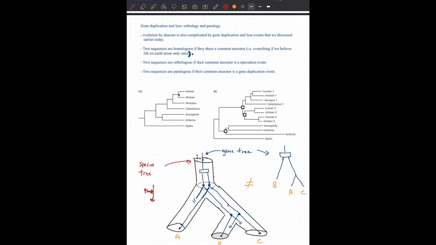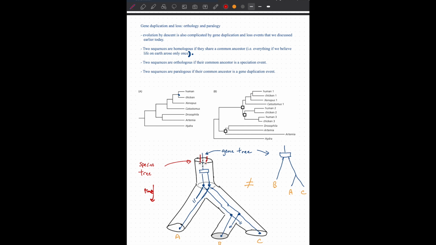And there would be multiple lineages here, multiple gene trees that would go down this trunk, one for each gene in the genome of the organism at this point, marked by a blue dot there.